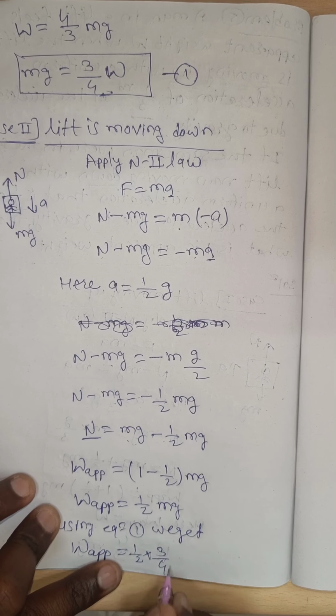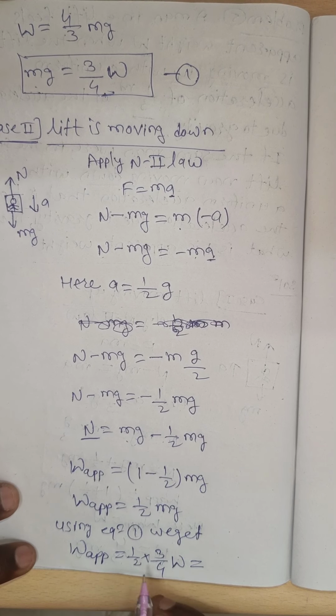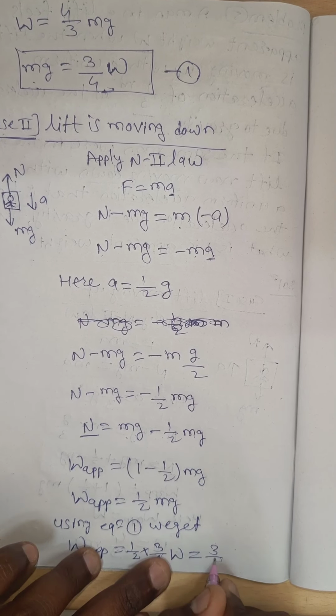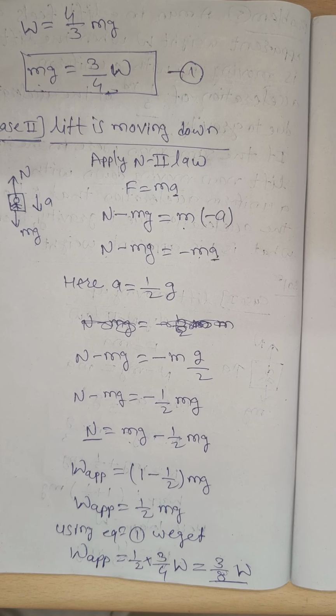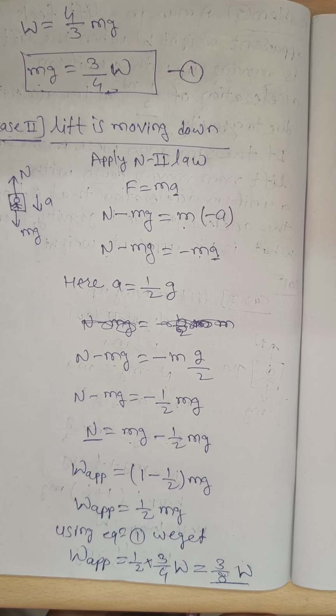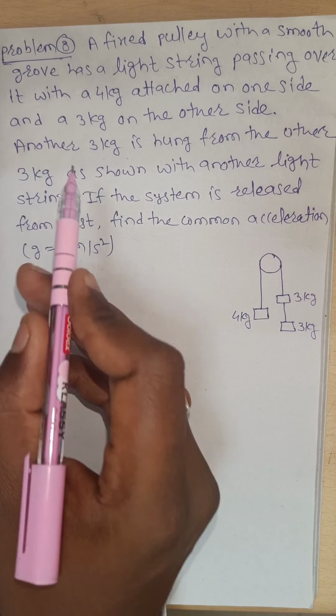Half into 3 by 4 into W, which is equal to, multiplying numerator with numerator, 3 divided by 8, that is 3 by 8 into W. Therefore when the lift is moving in a downward direction, the apparent weight of that person is 3 by 8 into W.